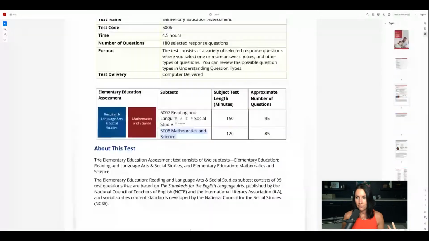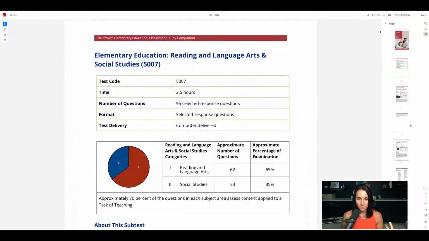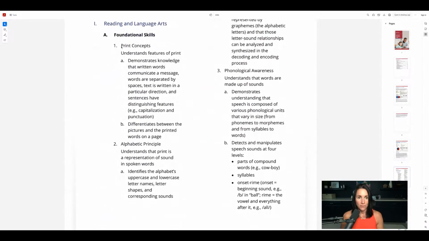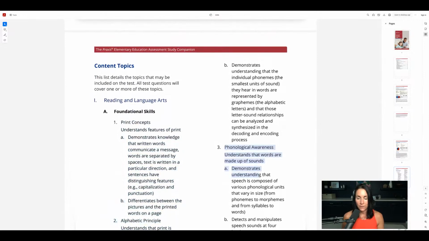If we go over to the 5007 and I go down to the specification, notice I have print concepts, alphabetic principles, phonological awareness, all the same things that I'm going to have in the 7812. That's really why I decided to combine these two exams for this webinar, because there is so much overlap. So that's really, really important.